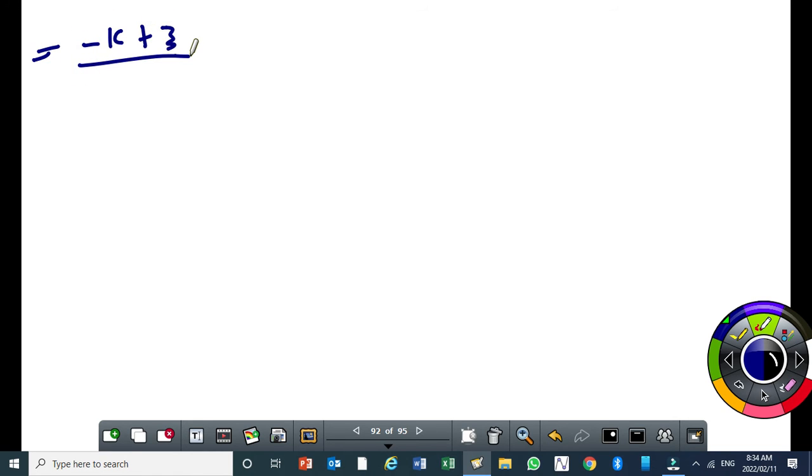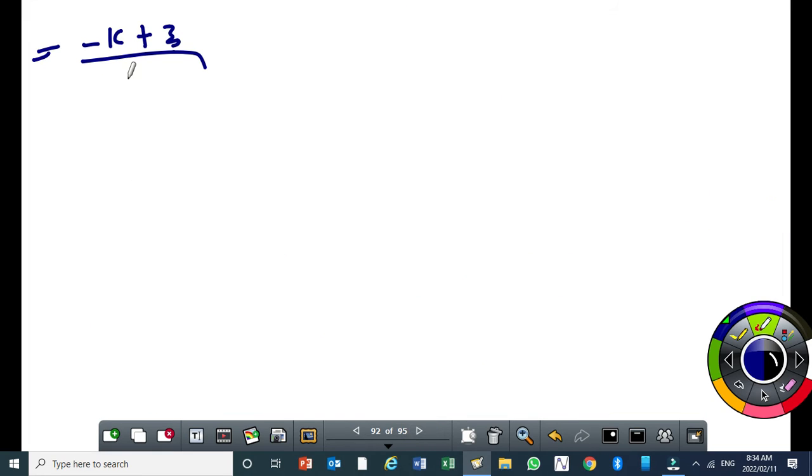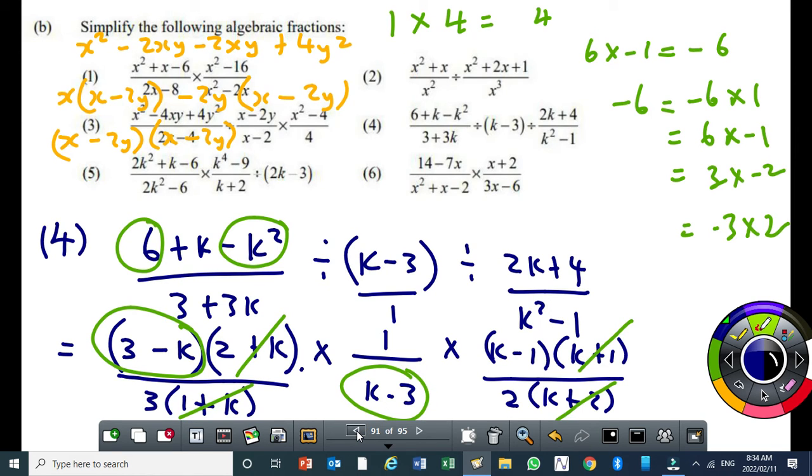This is all over. Minus k plus 3 all over 3, this 3 here. So all over 3 times 1 over k minus 3, times, because there is multiplication.